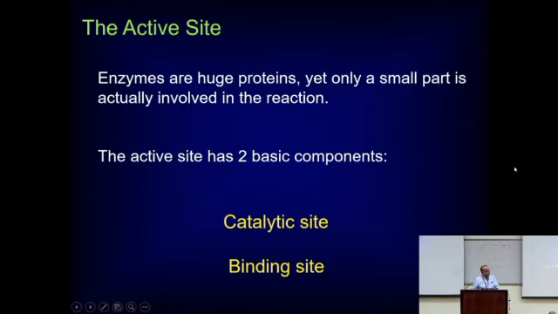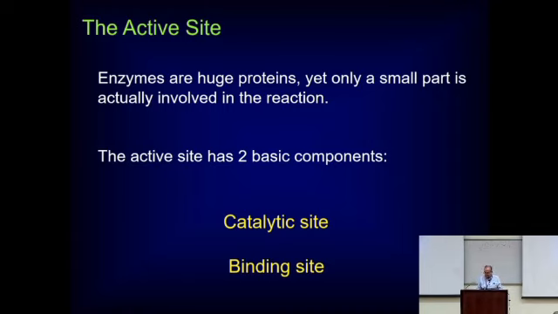So as I mentioned, you need really two important parts of the enzyme: the binding site and the catalytic site. The binding site is a larger pocket or cleft where the substrate is situated.